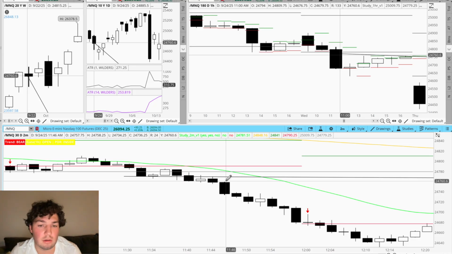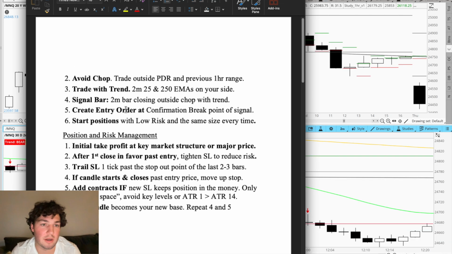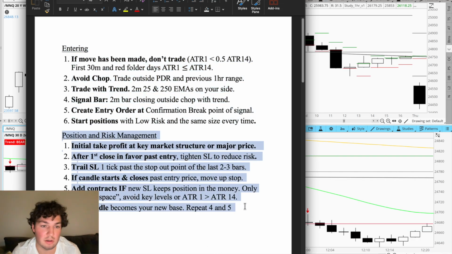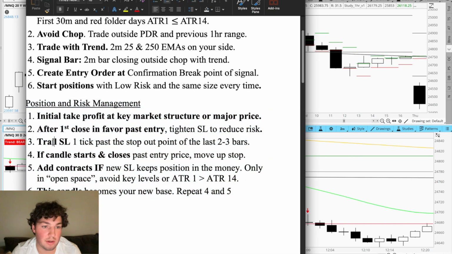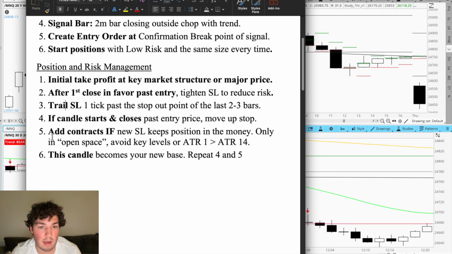So at this point, we can take a look at my plan. Here are my entry rules up top. Here are my position and risk management rules below. I trail the stop loss, of course, but I'm allowed to add contracts if the stop loss keeps the position in the money.